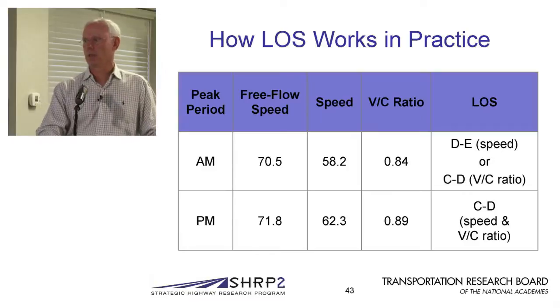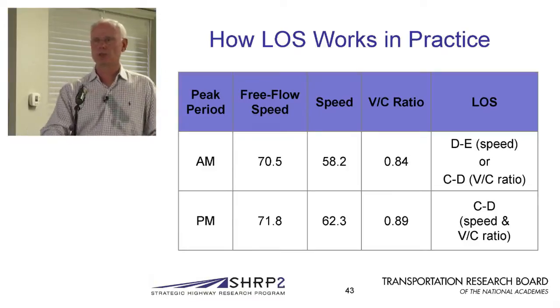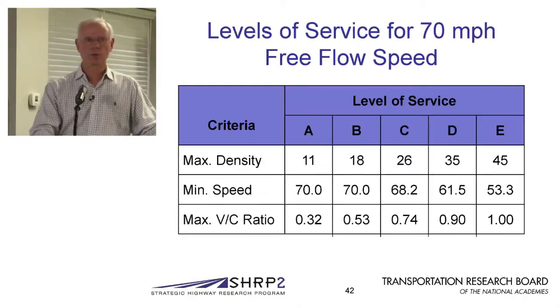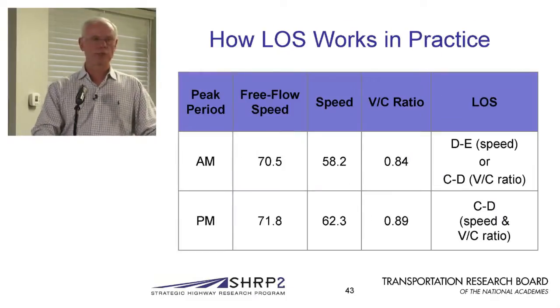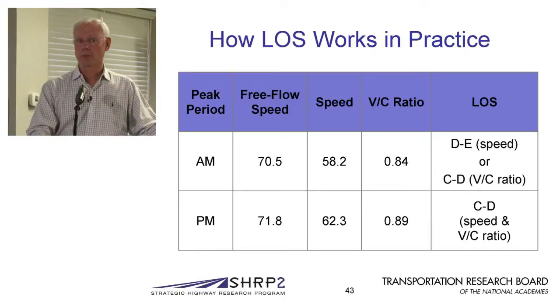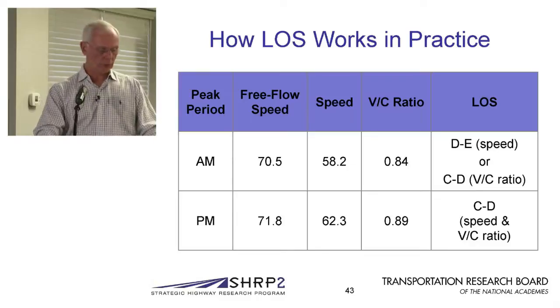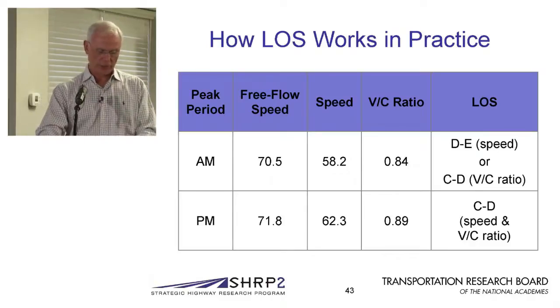That's going to be basically somewhere between C and D. But in the morning, if you look at the morning data and go back and compare it to these standards that came from the Highway Capacity Manual, you'll see that you could conclude that the level of service is D or E if you looked at the speed data, or you could conclude that it's C or D if you looked at the volume to capacity ratio. So these are little inconsistencies that crop up when you're looking at level of service.